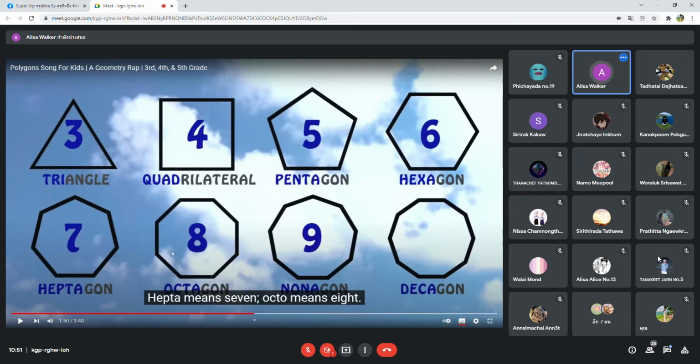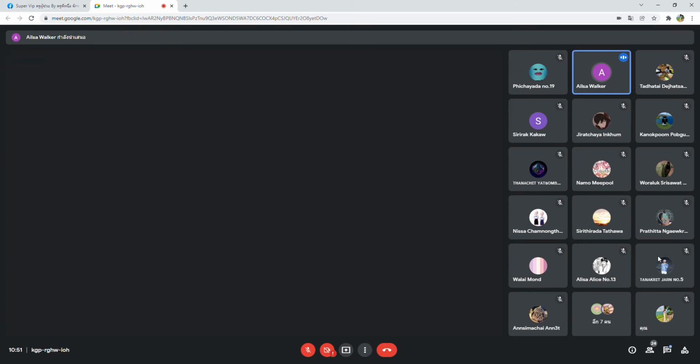Octagon has 8 sides. Nonagon has 9. And decagon has 10. Yes, good. Okay, so all these shapes are polygons and they have different numbers of sides, okay? And different numbers of angles.